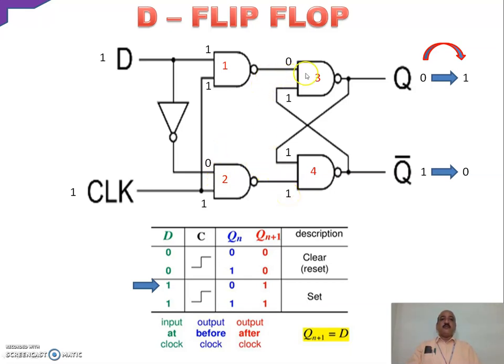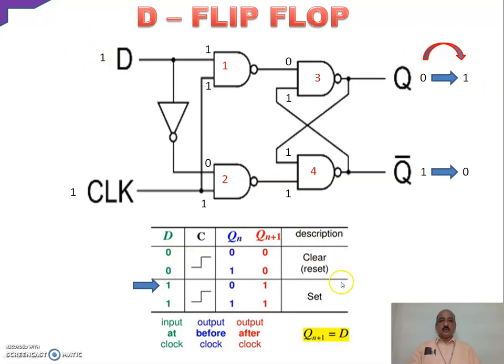Here, for the third NAND gate, one of the inputs is 0, therefore the output which was 0 will be converted to 1. That means 0 is converted to 1, and this output 1 is nothing but the D input, that is 1. That is, the output follows the input.